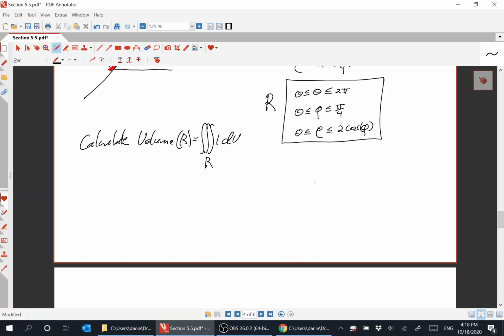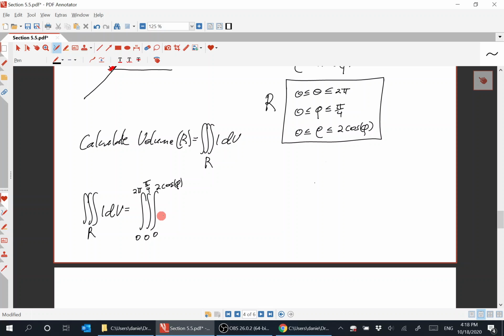So this is the triple integral over R. 1 dV is equal to, boundaries are, let's do d rho first, 0 to 2 cosine phi, and then 0 to pi over 4 for phi, and then this is for theta, 0 to 2 pi.